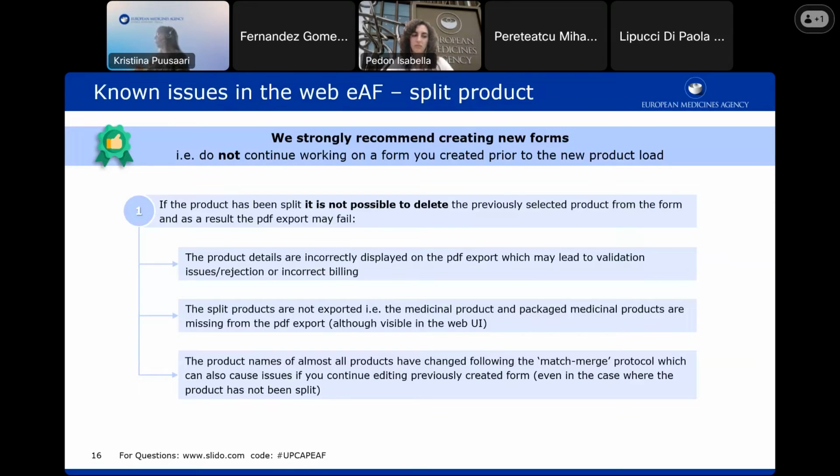So please, if you have created a form prior to the split, before mid-April, discard that form and start from scratch, and this would hopefully avoid any issues related to the split product. So this is a very, very strong recommendation from our side.